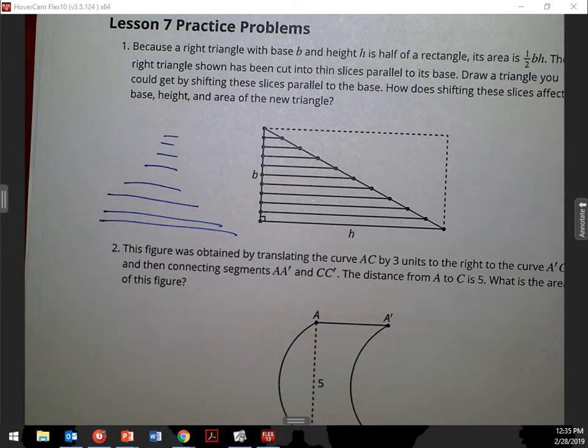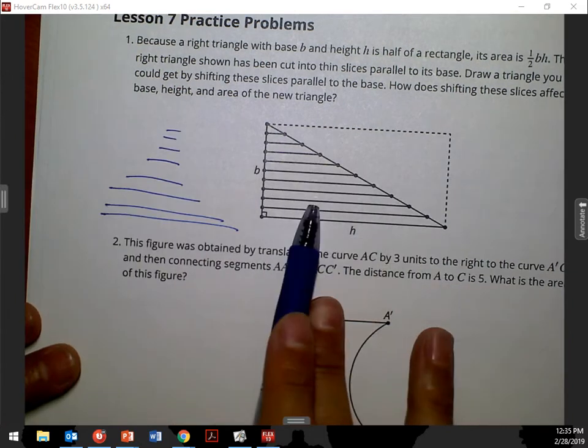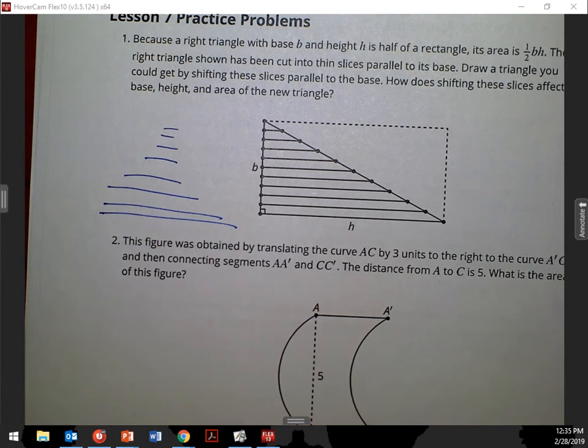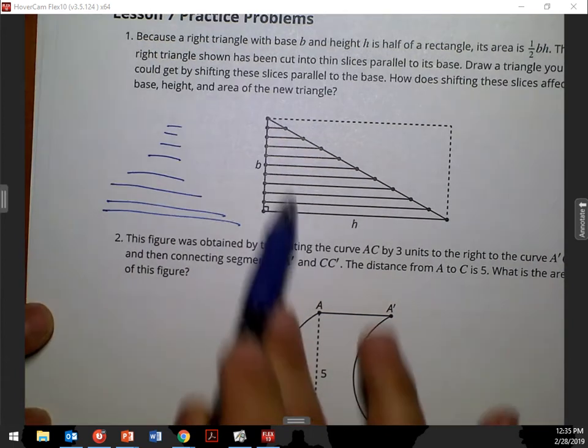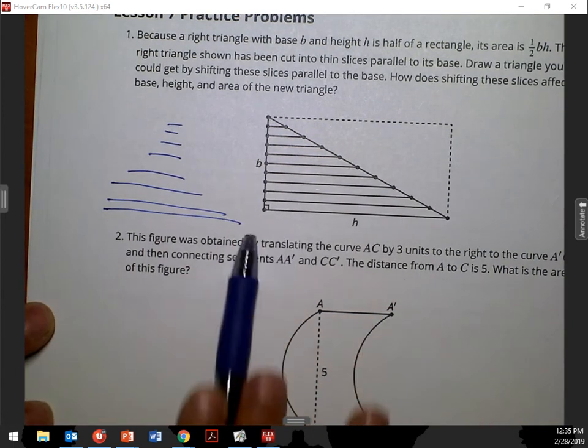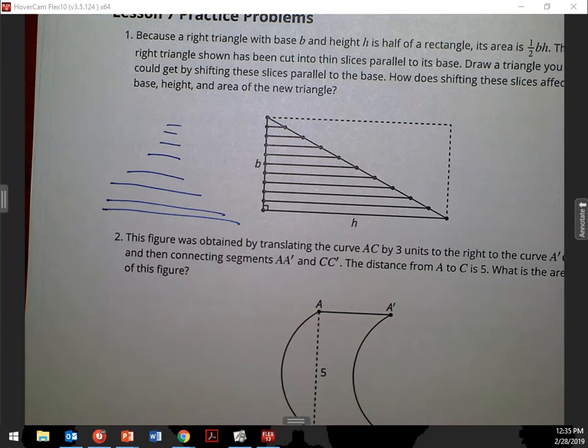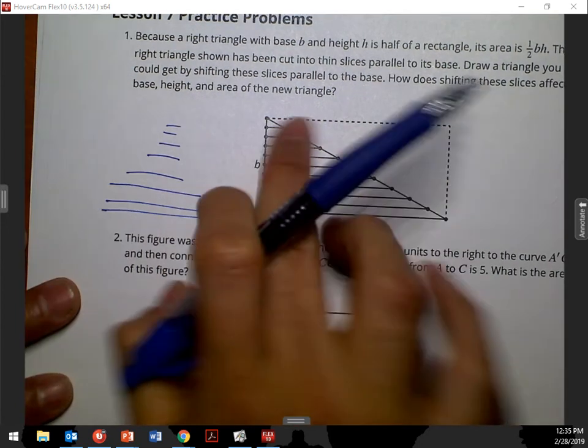Nope. Same thing goes for the area. As long as it has the same height and base, however I shift it, it's still going to be the same. Yes, it is going to translate, but it's going to have the same area.